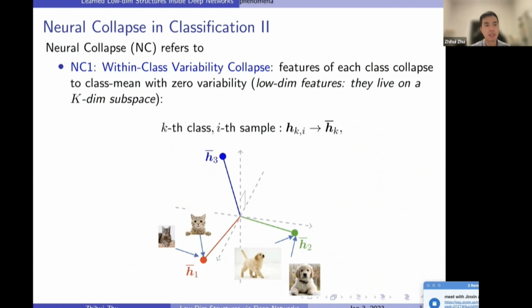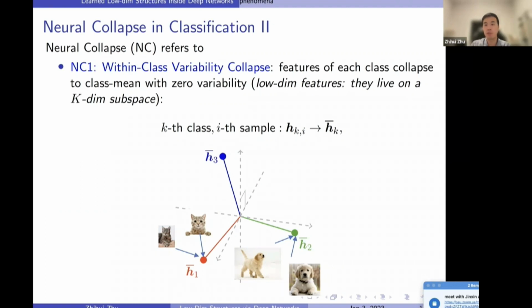First, it's called the within-class variability collapse, which means the features of each class will collapse to the class mean with zero variability. In other words, if we look at the features for each class, say all the features corresponding to cat, they tend to be very close to each other.